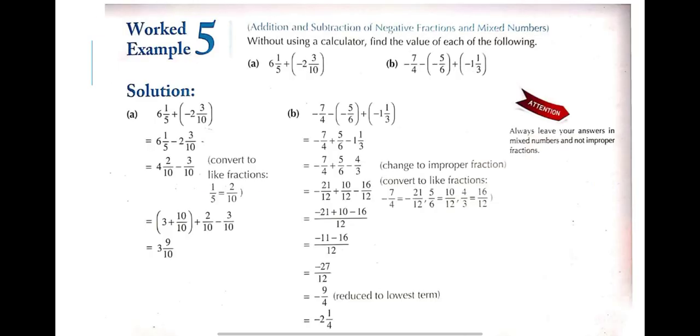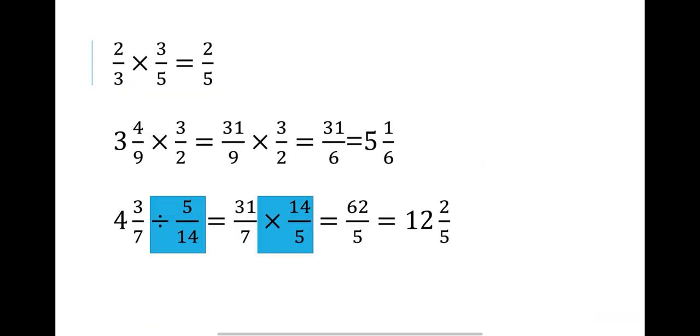So 3 times 2 is 6, and 3 times 5 is 15. And then you simplify 6 over 15 into 2 over 5. Or here you can cancel out the 3 first.